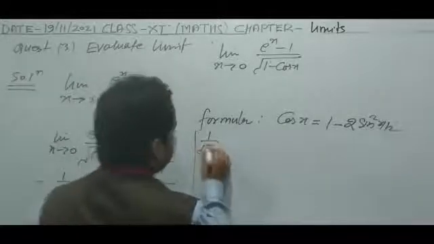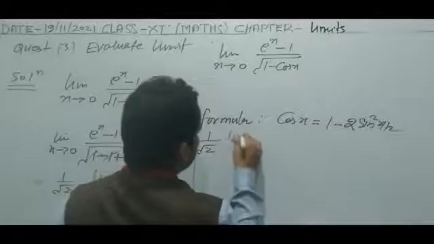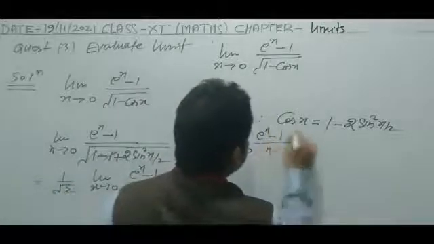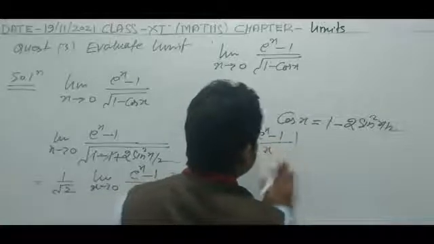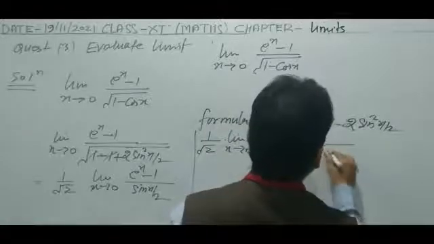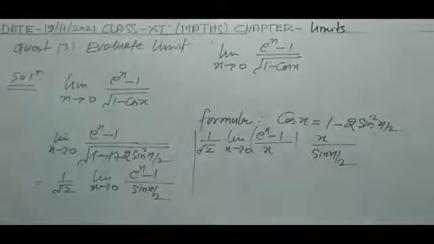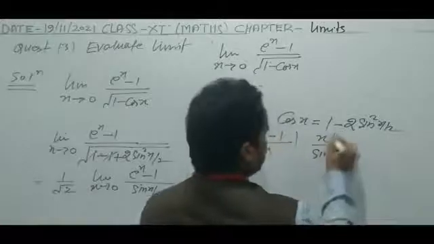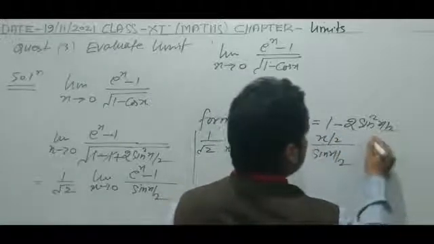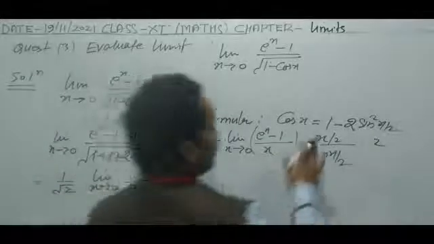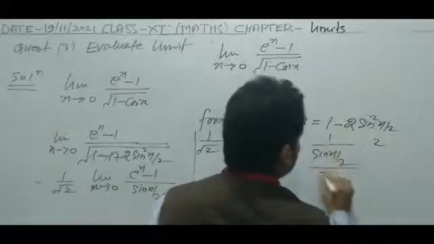Now you will see, this expression we can write 1 by root 2 into limit x tends to 0 e to the power x minus 1 whole upon x and into x upon sin x by 2. These steps you can write. We have rationalized by x. So suppose we can write this, and this result we can send here.